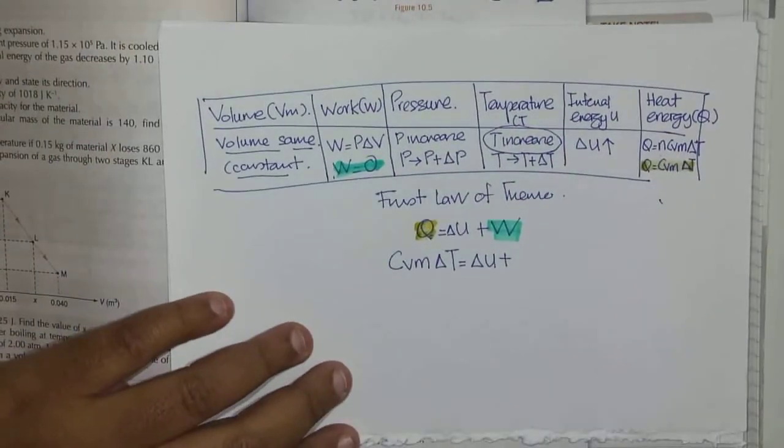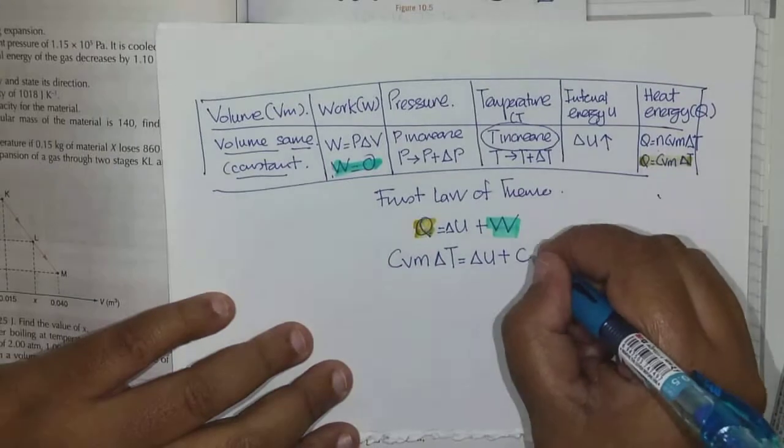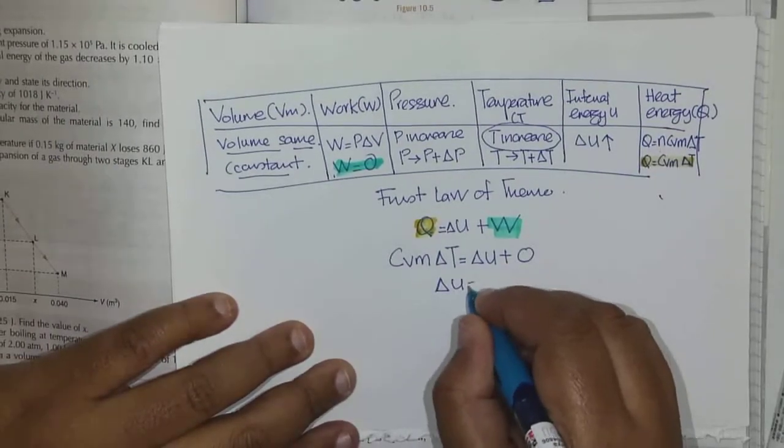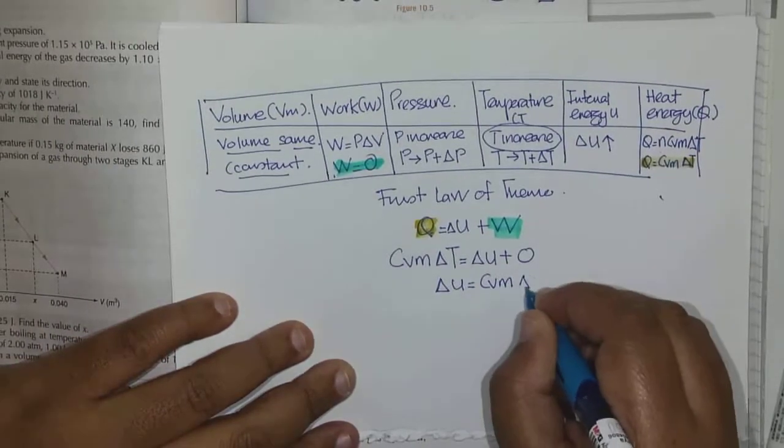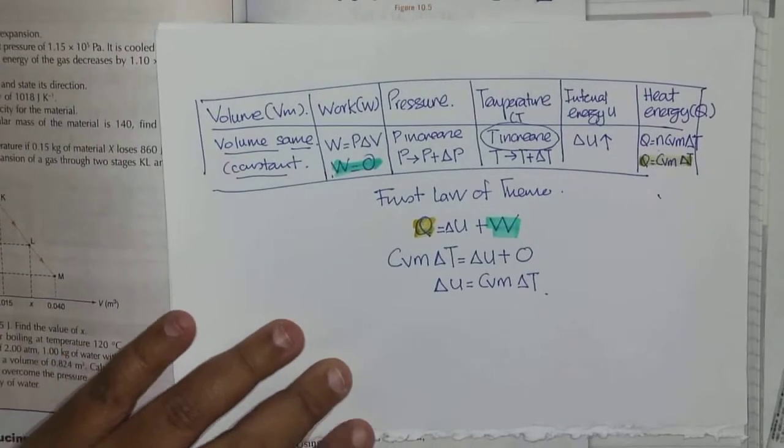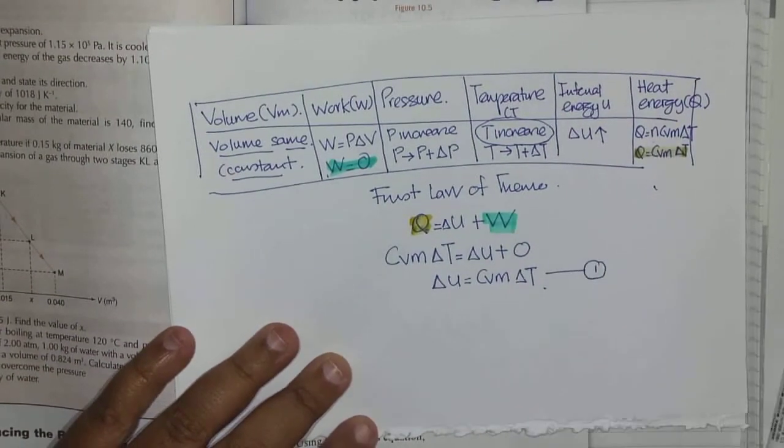So delta U equals CVM delta T. This is one formula.